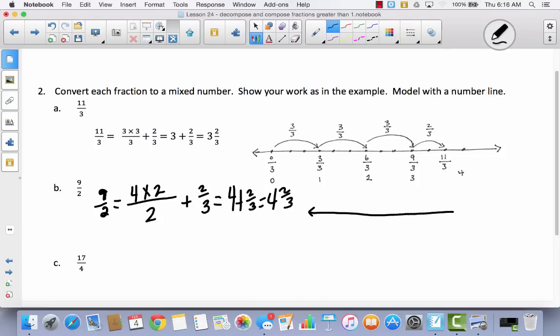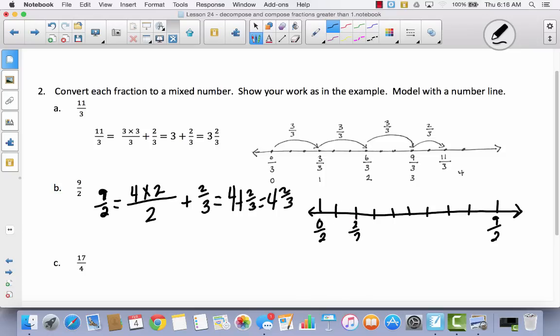Let's go ahead and draw our number line here. So we're going from 0 halves to 9 halves. So I'd have 1 half, 2 halves, 3 halves, 4 halves, 5 halves, 6 halves, 7 halves, 8 halves. I'm only going to label the ones that are every other one because they make whole numbers.